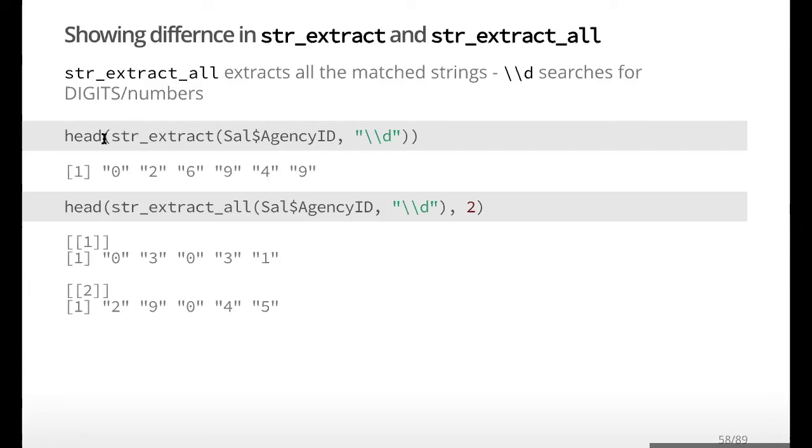So if we say str_extract, we give it the agency ID, and then the way you have to say digits, like I want to look for a number, it's actually backslash D, which stands for digit, and it extracts the first digit that it finds in any individual element of this vector. But if you say str_extract_all, it'll give you all the digits that it's returned. And note here from this weird notation, it is also a list.